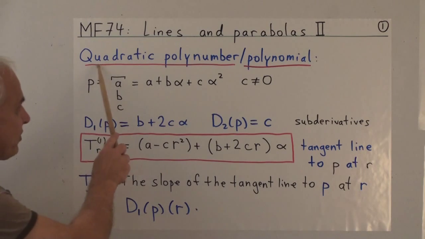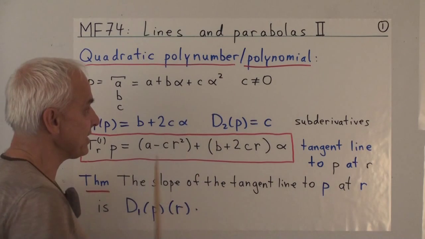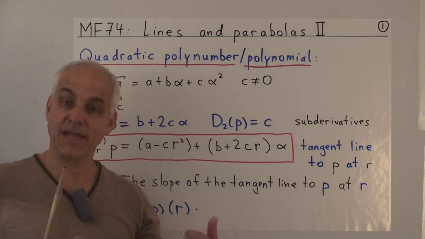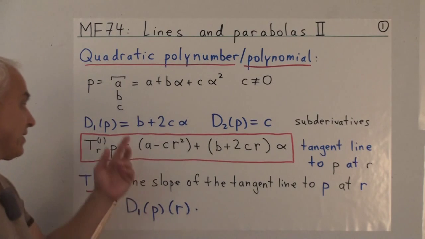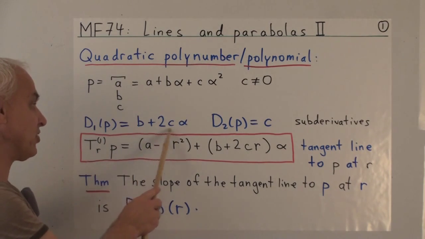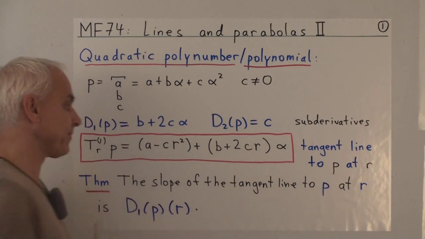And we're assuming this is really a quadratic polynomial, so that this constant c is actually non-zero. So it really is of degree 2. And we discovered by expanding the Taylor bipoly that the first derivative, or the first subderivative, was b plus 2c alpha, and the second subderivative was c.